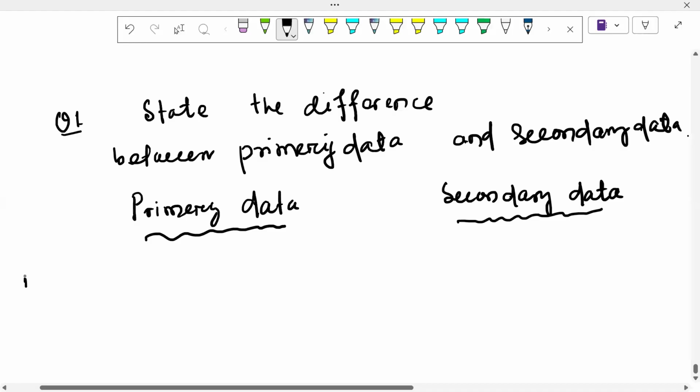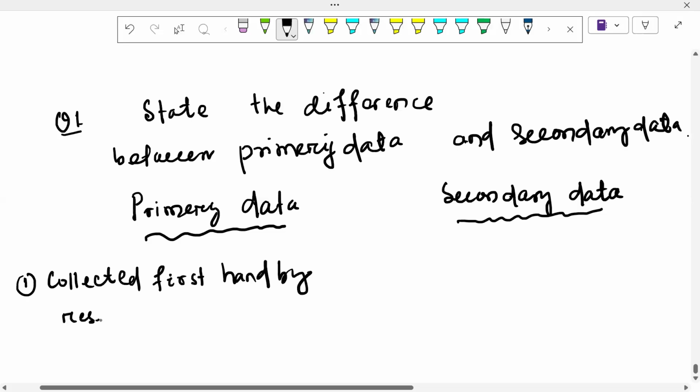First point: collected first hand by researcher. This is the first point of the primary data.